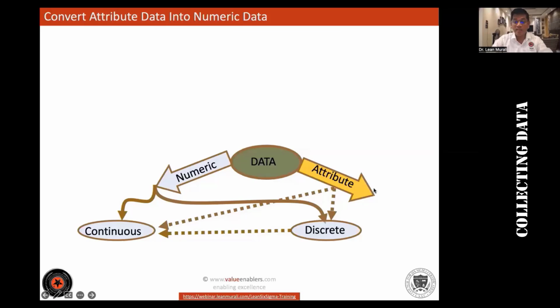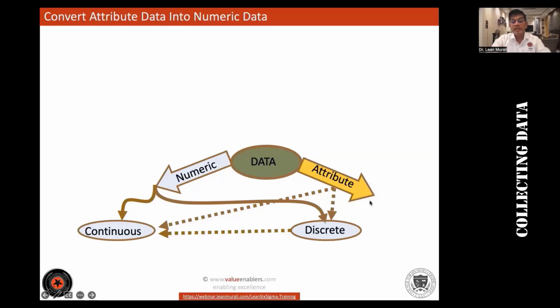The second thing is, if I want to convert that into discrete data, into numerical data, let us convert into discrete data first. On a scale of 1 to 10, please give me a 9 or 10 if my training is excellent.